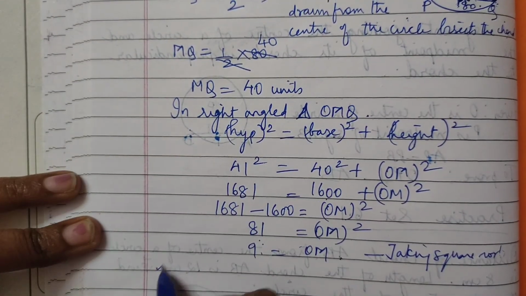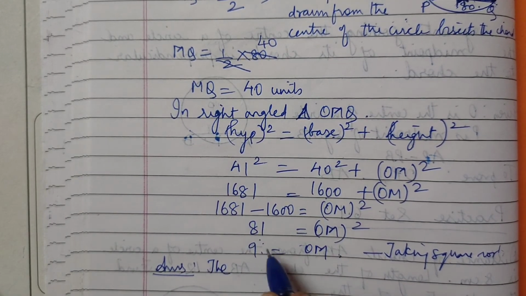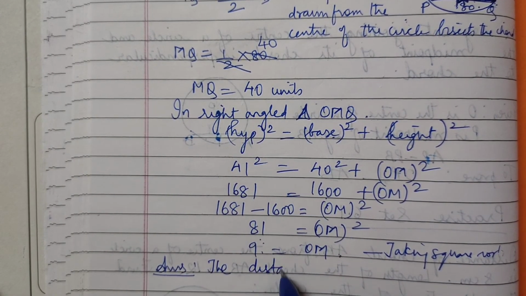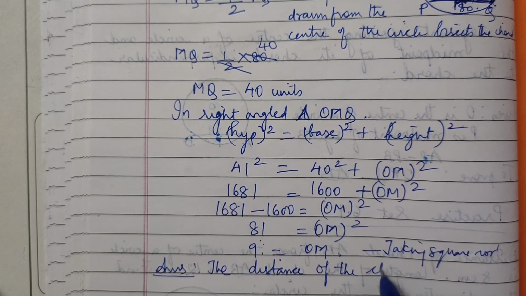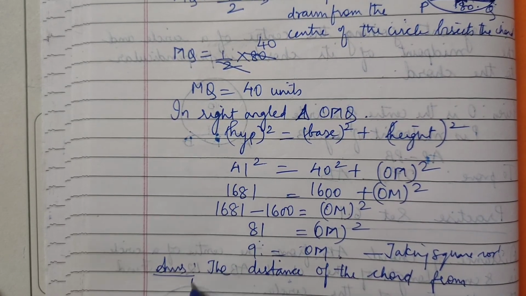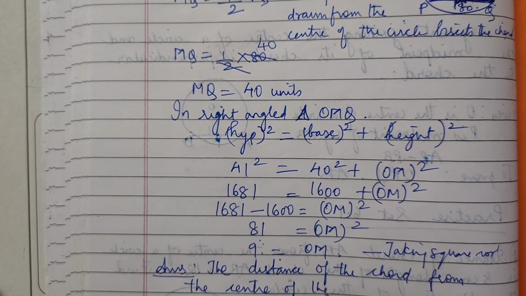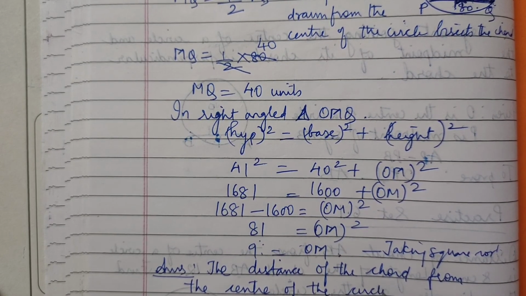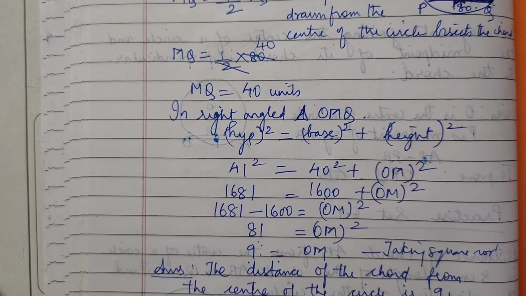So final answer, the distance of the chord from the center of the circle is how much, my dear? It's 9. Sorry, it's units we have to write.